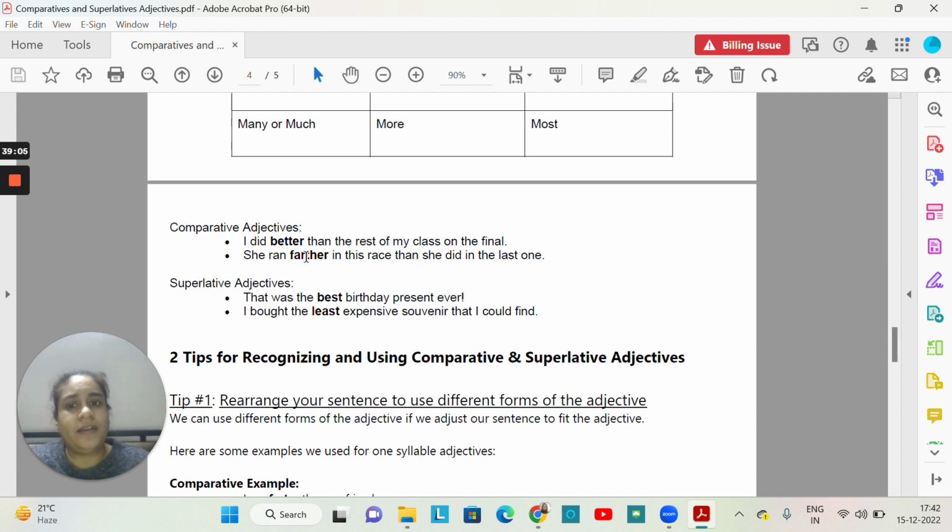I did better than the rest of my class on the final. Now look very carefully. She's comparing herself with a singular noun, that is, the rest of the class. She ran farther in this race than she did in the last one.